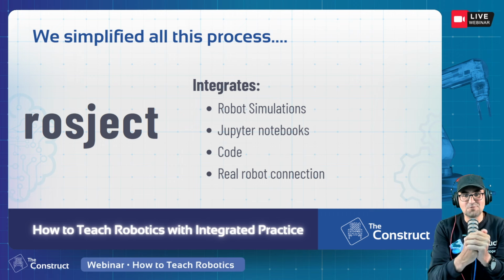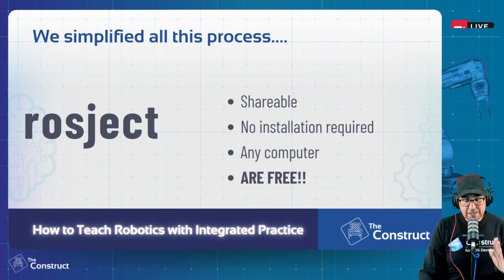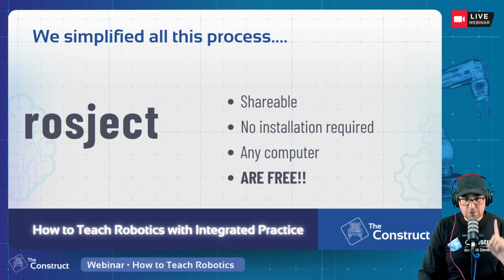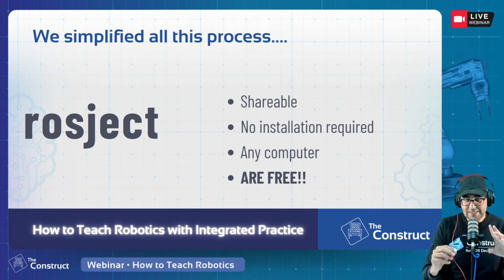You're going to see in a minute what I mean by that. It's also very convenient because, first of all, it will work on all the computers of your students. If you prepare this material with a simulation that does this and that, once you share it with your students, it will work for them. The important thing is that you can share an exact copy of yours, and your students don't need to install anything on their computer.